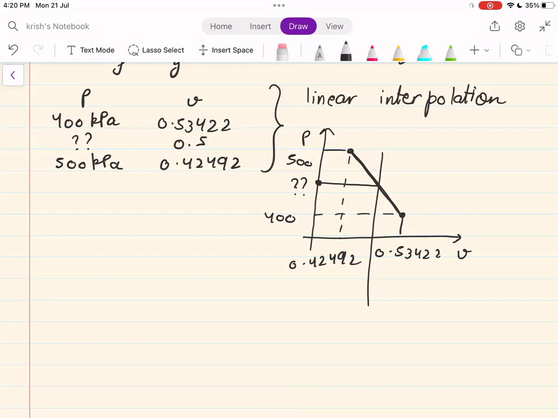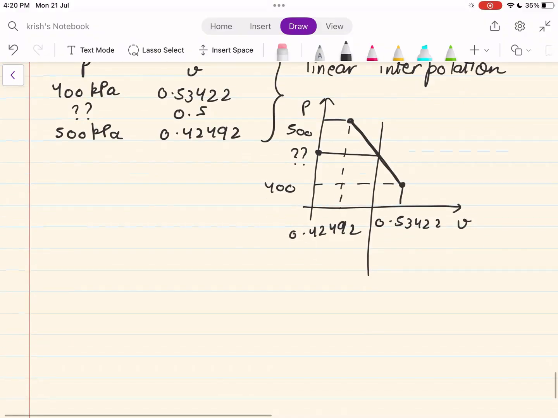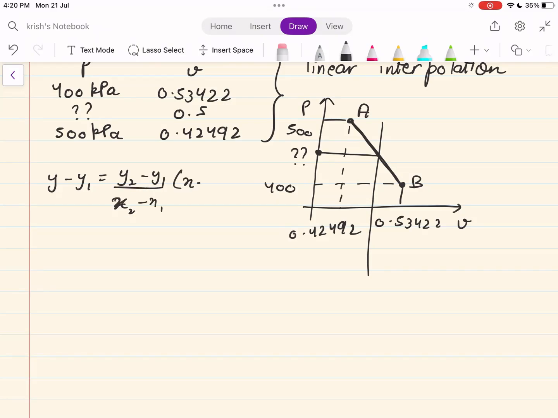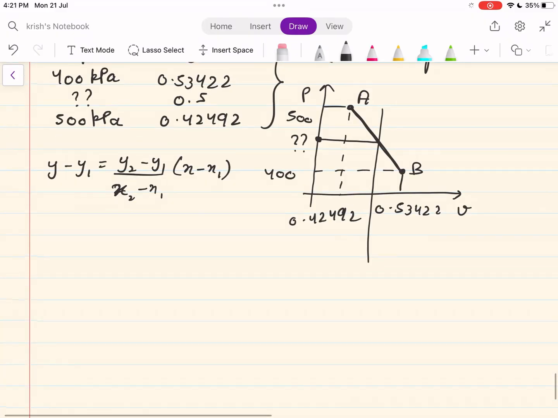So what can we do to solve this? First, we can write down the equation of the line AB using the two-point method. So y minus y1 equals y2 minus y1 upon x2 minus x1 into x minus x1. On the y-axis we have the pressure values.